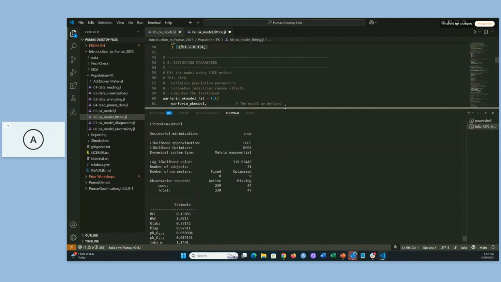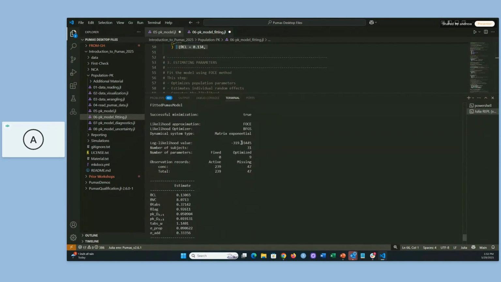But at the outcome of that fit, we are given this little summary. So were we able to get a successful minimization, and a nice summary of initially the log likelihood and the number of subjects it was optimizing. None of our parameters were fixed. Now, that does not mean fixed effect.